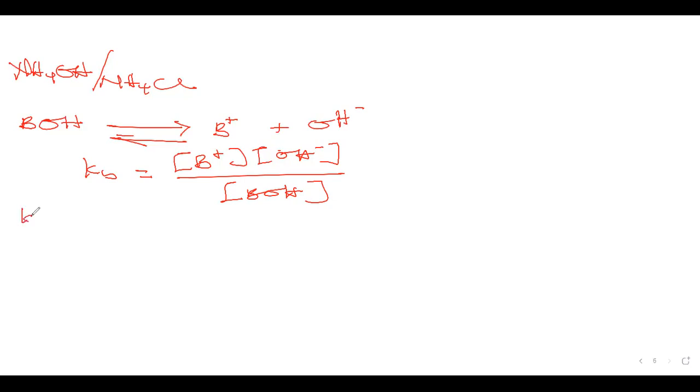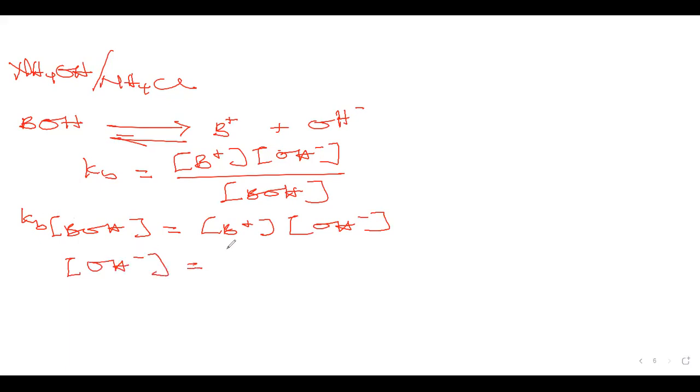So I'm going to have my Kb multiplied by BOH, which is going to give me B plus multiplied by OH minus. But to find the OH minus, I still have to do some work, so I'll divide through by B plus.